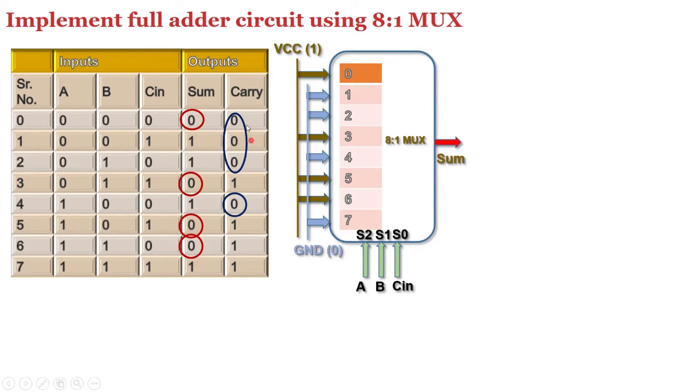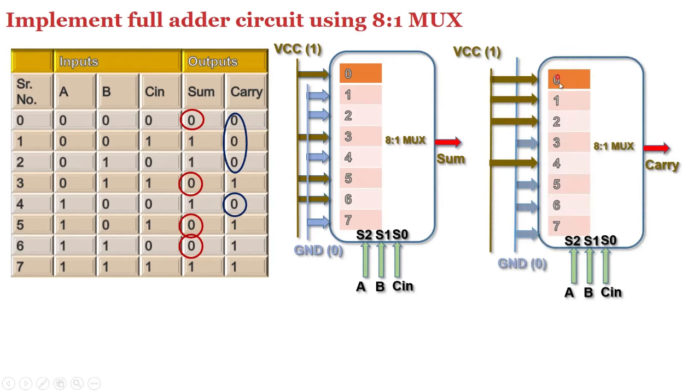Similarly, for the carry, 0, 1, 2, and 4 are tied to VCC. The remaining data lines, that is 3, 5, 6, 7, have to be tied to logic 0.